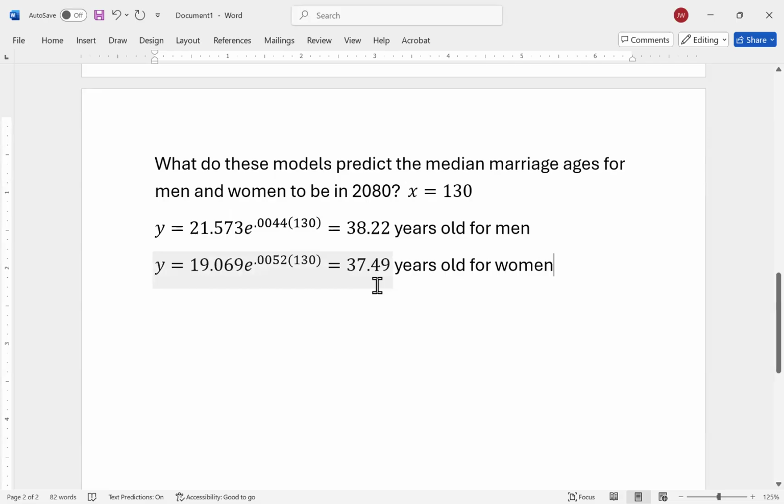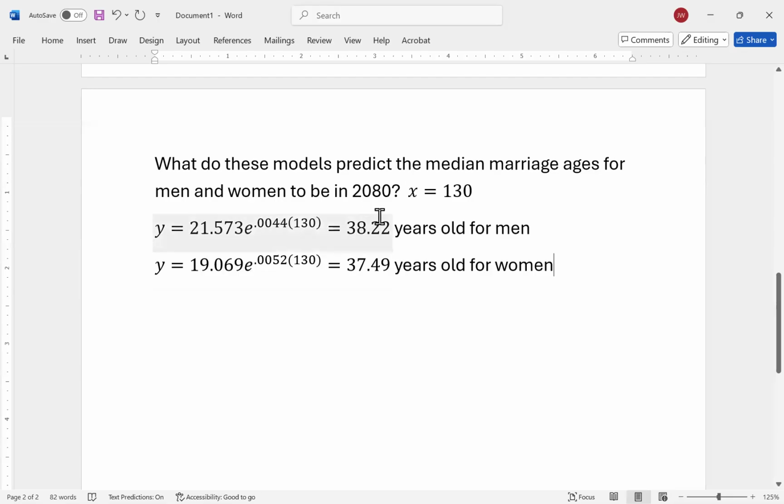Now, this brings up an interesting point about doing predictions with these models. 2080 is a long way away. 130 years since the 1950 mark, but also almost 60 years beyond what we're currently at now. And this trend, while it looks like we're fitting these models pretty well right now, by the time 2080 hits, this model may be no good anymore.